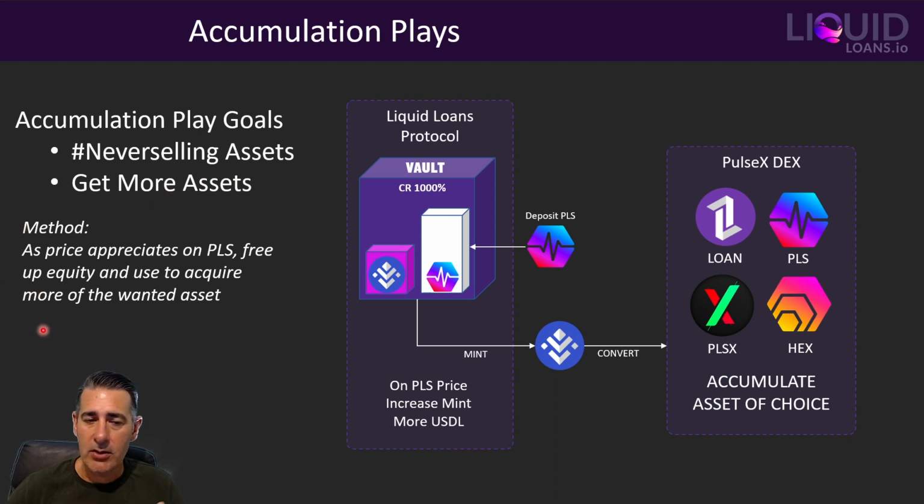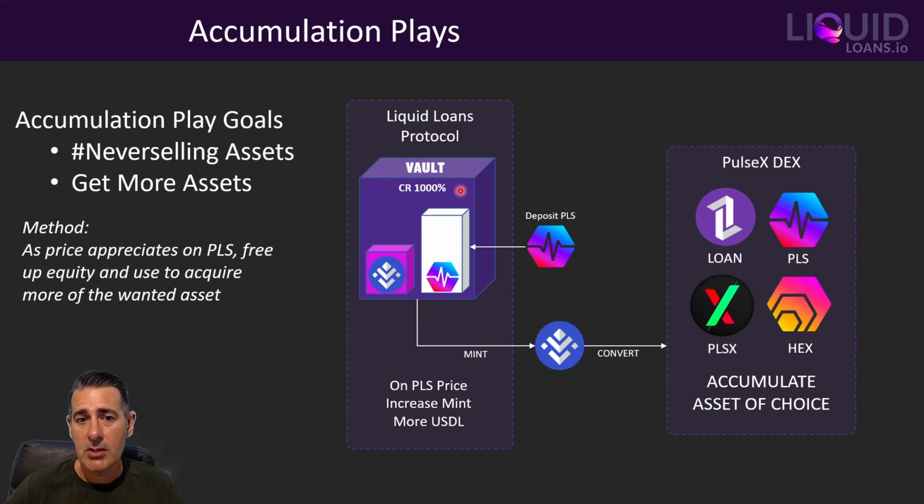So the method in general is, as the price appreciates on Pulse, we free up equity and we use it to acquire more of the wanted asset. So this is an extension of the Haunted strategy. The Haunted strategy was more about acquiring Pulse. We're broadening that scope on this one. So let's have a look how that might work. We deposit some Pulse into a vault.